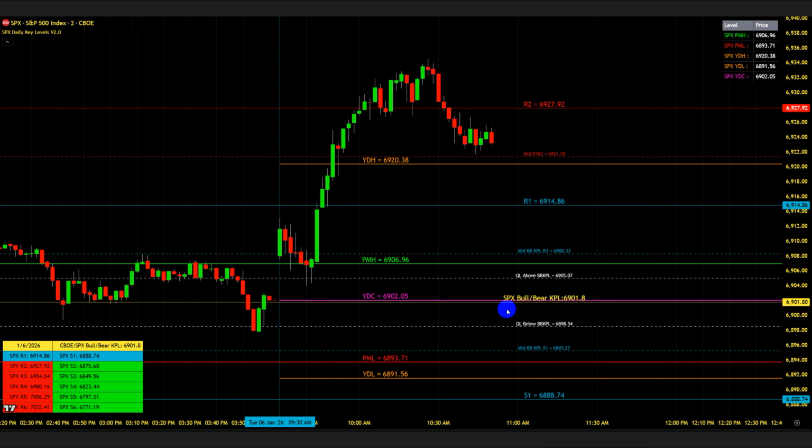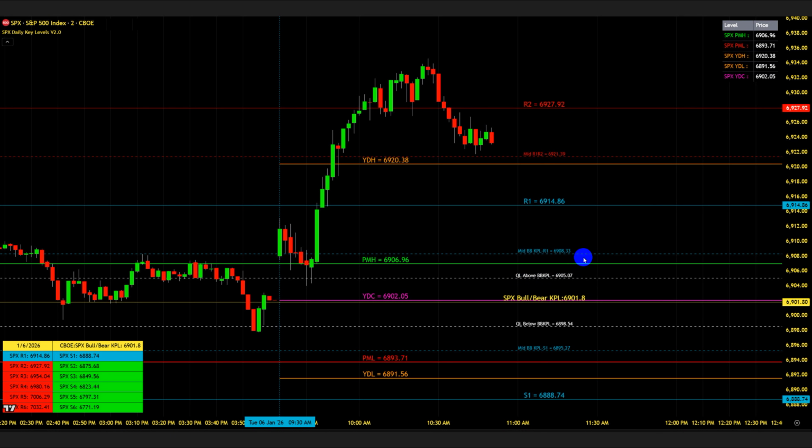For example, if you're taking a bullish trade off of the SPX Bull Bear KPL level, the QL level below is the tight stop loss for a bullish trade taken off of that level, whereas for a bearish trade taken off of the Bull Bear key price level, the tight stop loss is the QL above the BBKPL. These midpoint levels serve several different purposes, one of which is for standard stop loss levels above and below each main key level.